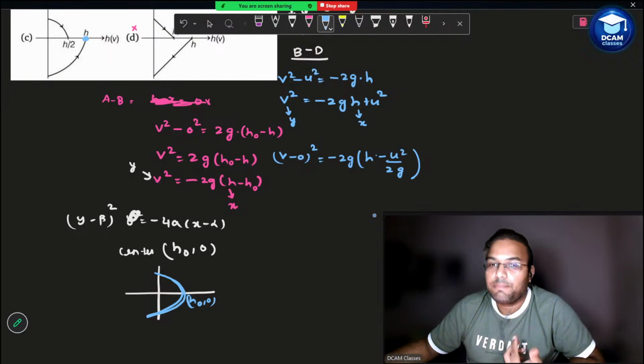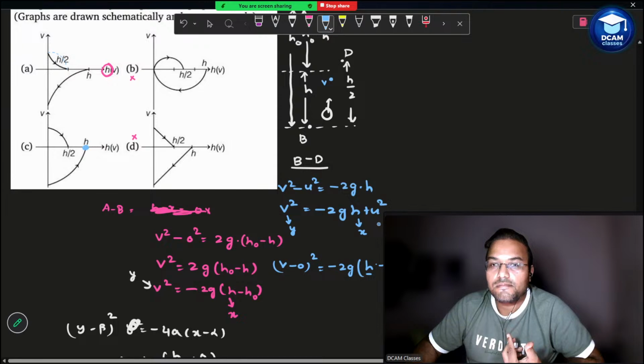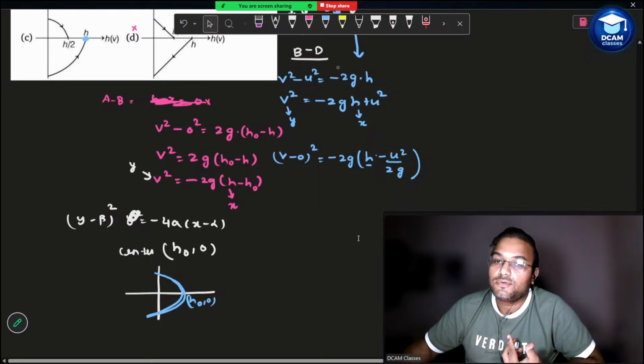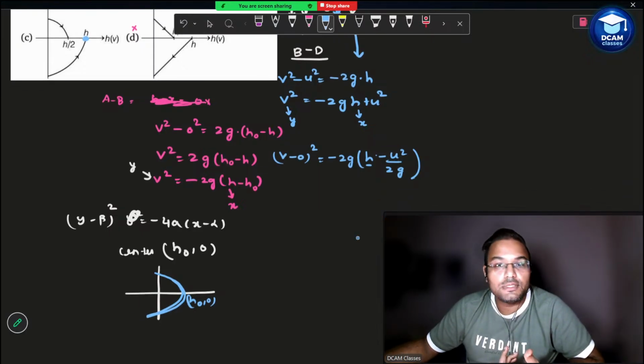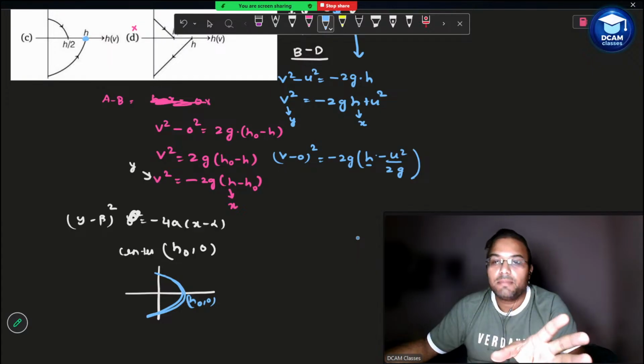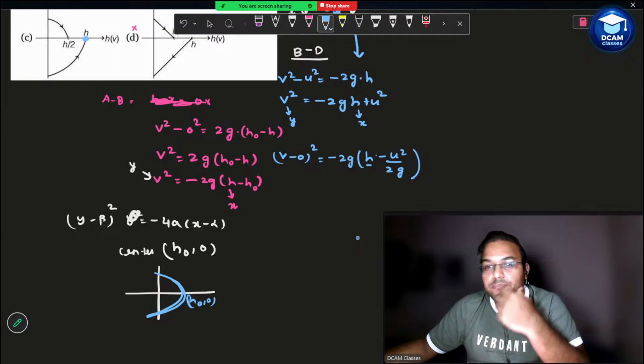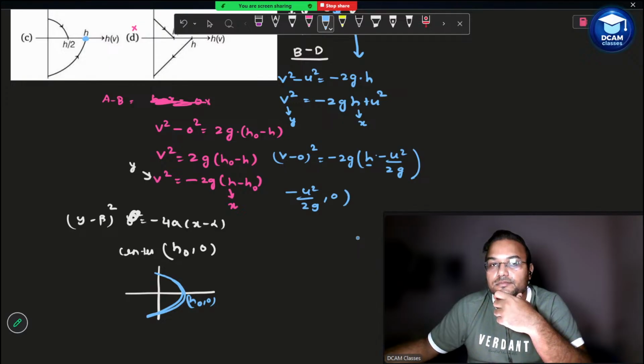So in the upward motion, don't get confused, I have again taken this height h. This is the graph v square is equal to minus 2gh, the same type of graph, whose center is minus u square by 2g comma 0.